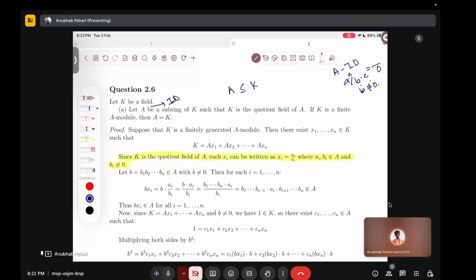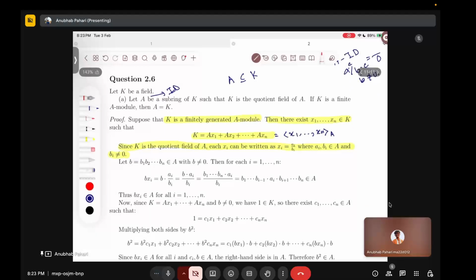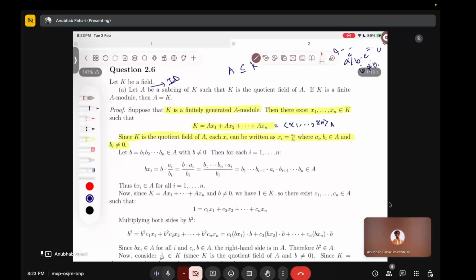By finitely generated we mean that K is a finitely generated A module, then there exist some finite number of elements from K such that K can be written as this, or similarly it can be expressed by this in some places. So first take some time to be familiar with these two conventions, then you can move forward.